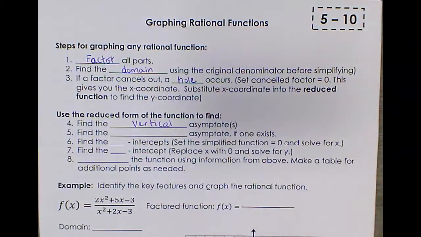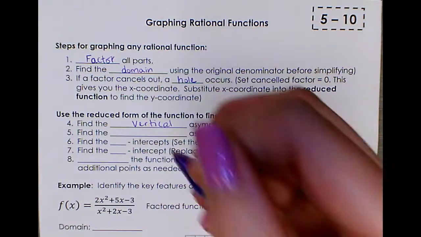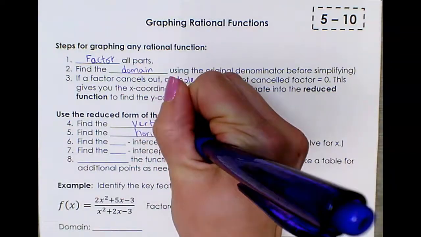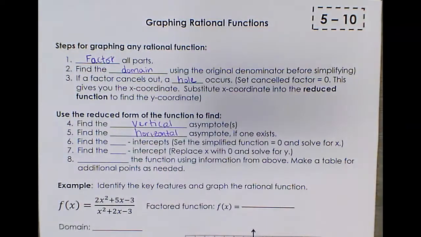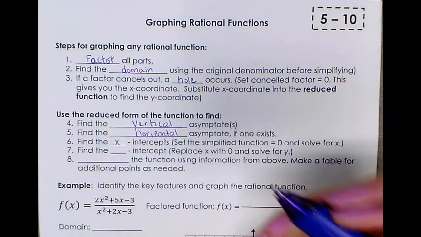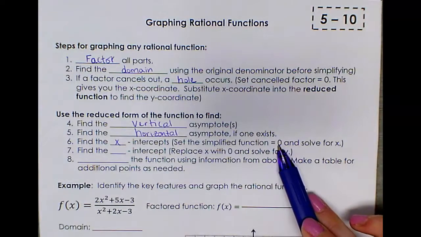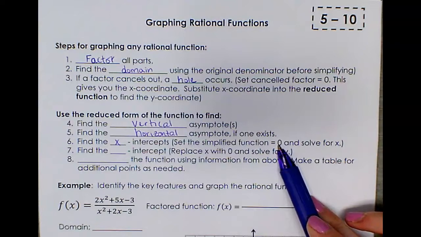asymptote or asymptotes, because there could be more than one. You find the horizontal asymptote, if there is one, because it's possible that there is not. You find the x-intercepts by setting the simplified function equal to 0 and solving for x. Remember that setting a fraction equal to 0 is the same thing as setting the numerator equal to 0, so that kind of cuts down on some of your work.